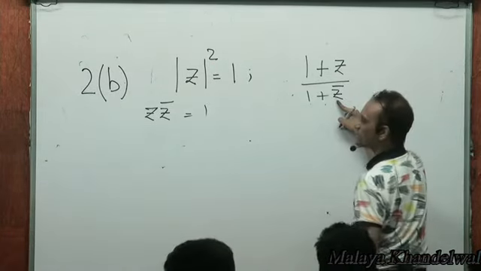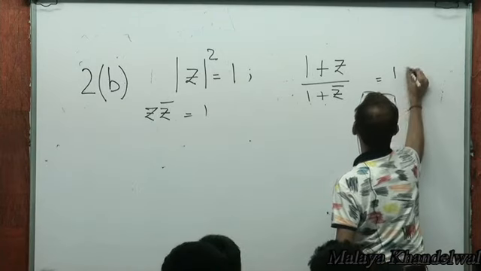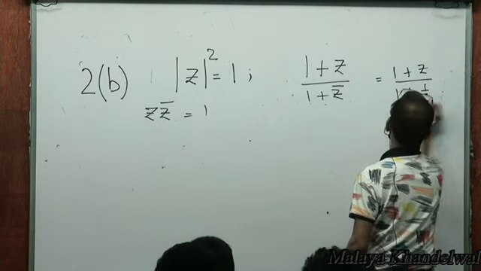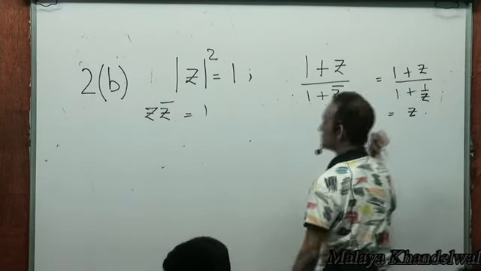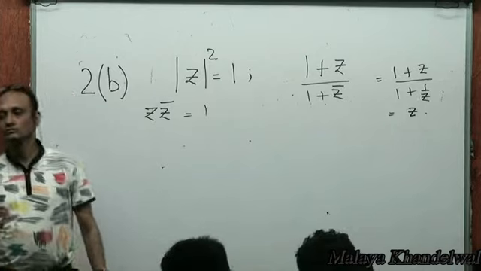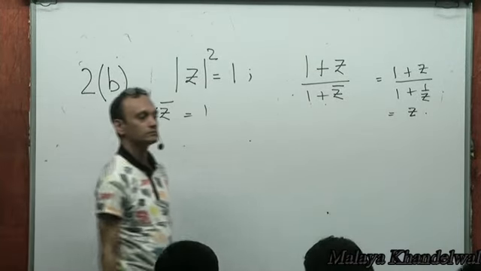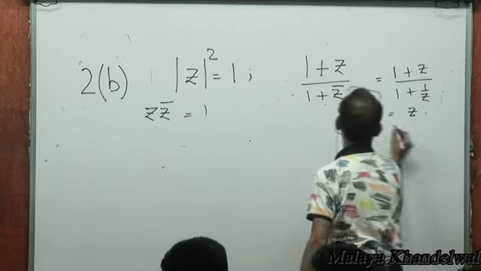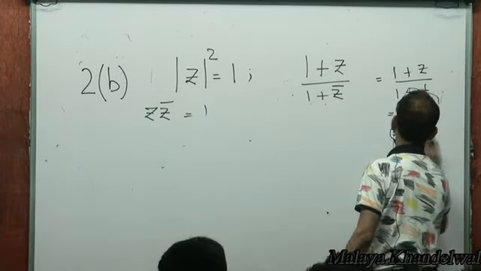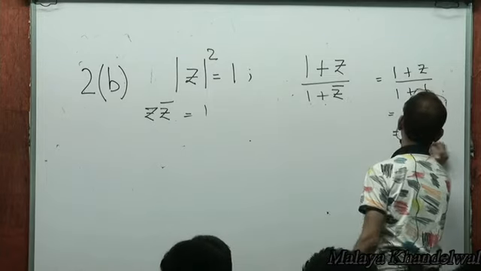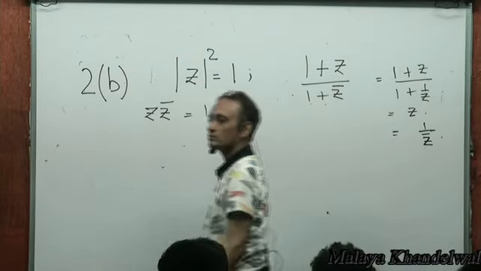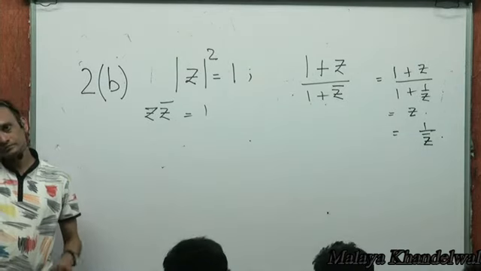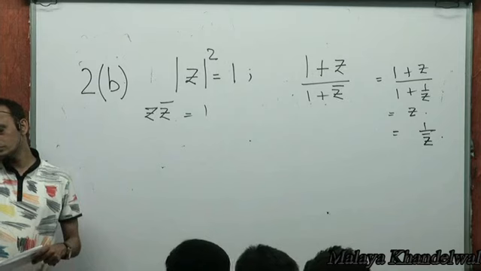And I can replace this z bar by 1 by z. So this will simply be z, right? And it's also going to be 1 by z bar if you like, because ZZ bar is 1. Sounds good?